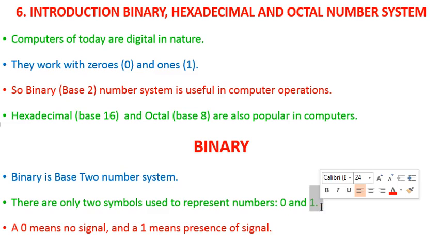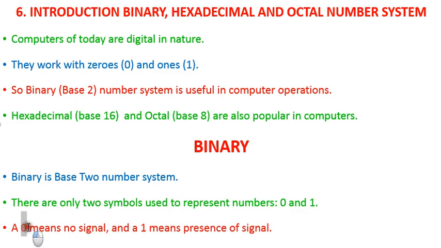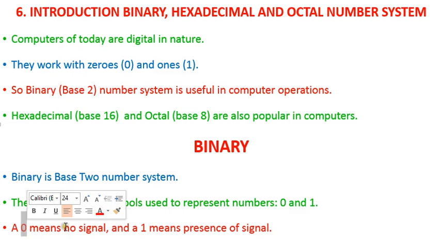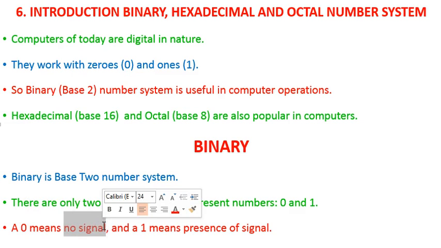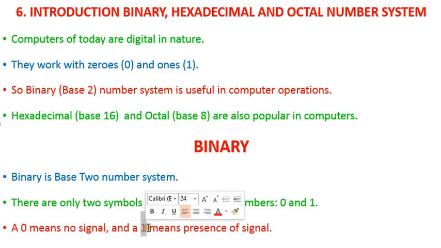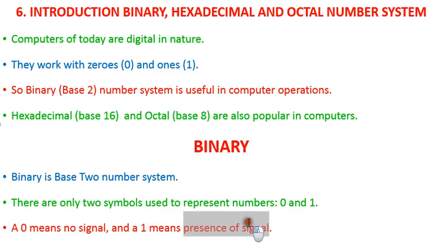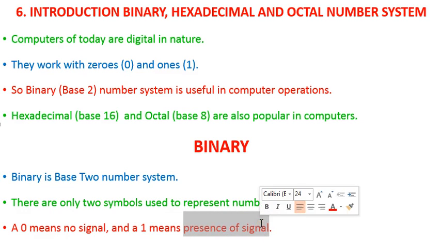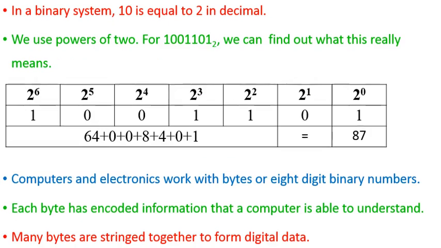Because there are two, 0 and 1, that's why we call it binary. Binary means two. Whenever you have a 0, it means there is no signal as far as the computer system is concerned, and if you have a digit 1, it means there is the presence of what? Electric signal in a computer.